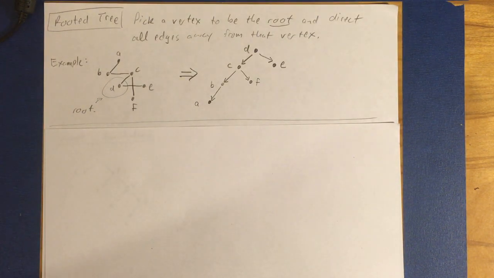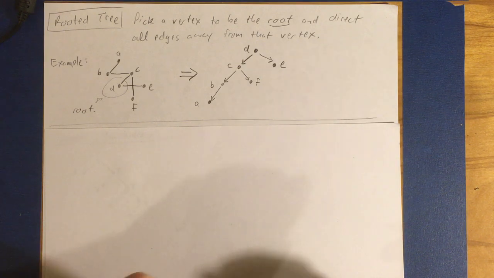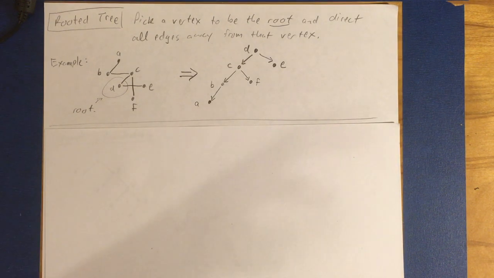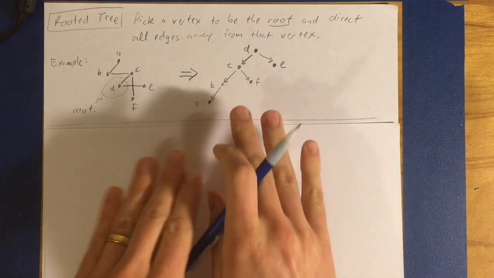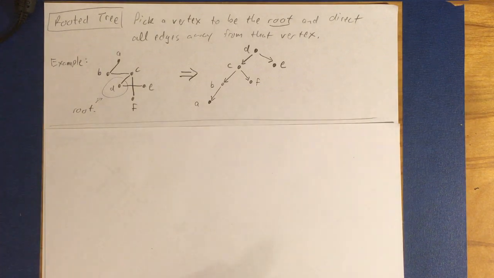It is by nature a directed graph that you obtain from a tree. Trees initially are undirected graphs, and the underlying undirected version of this is a tree. But a rooted tree technically is directed.